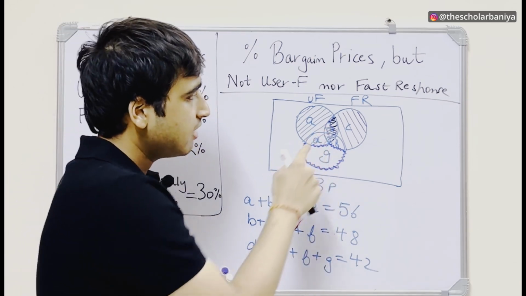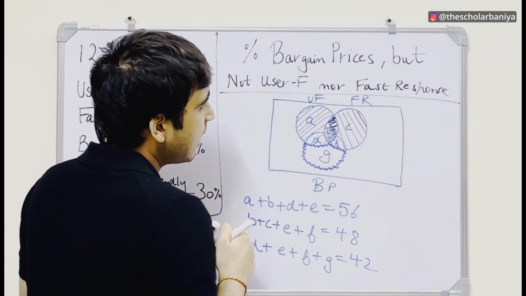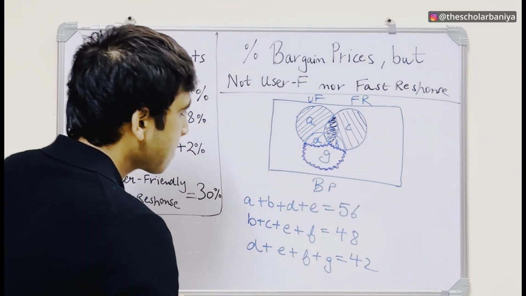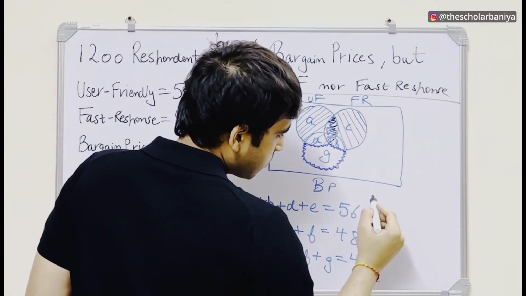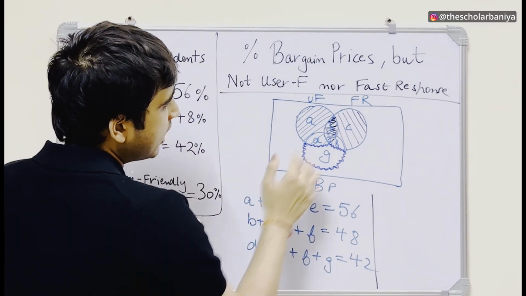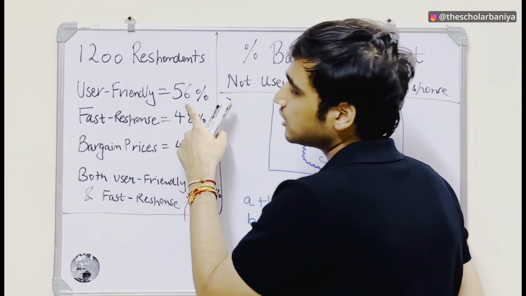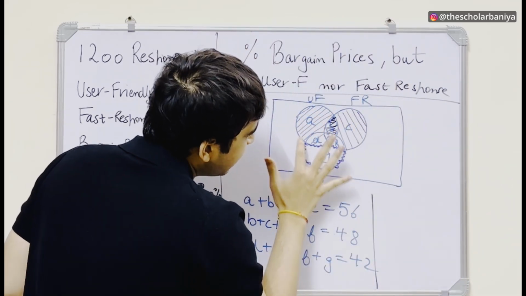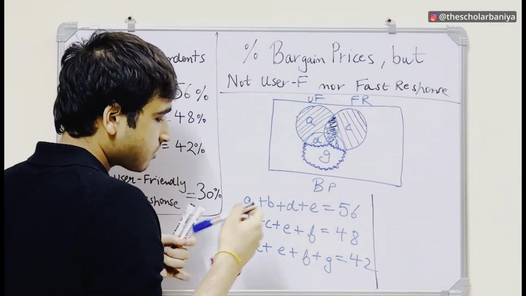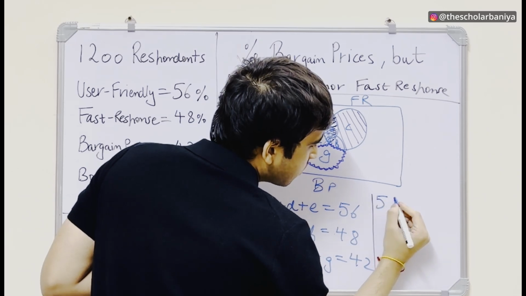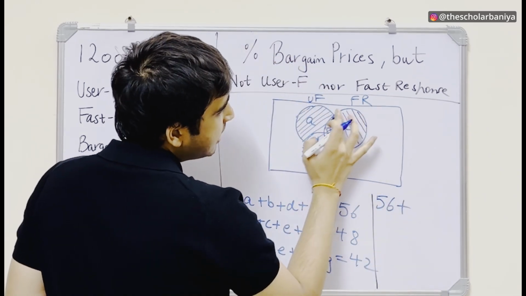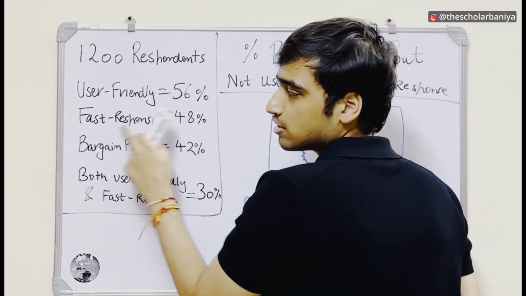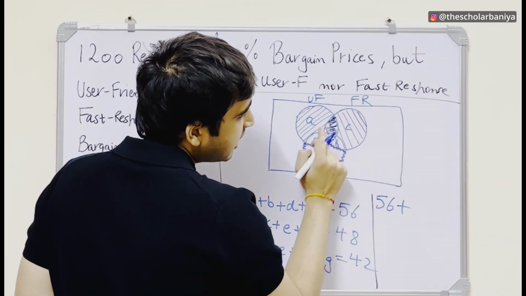So I will subtract the common area once so that I get this entire area. The first one, user friendly, is 56. The second one, fast response, is 48.